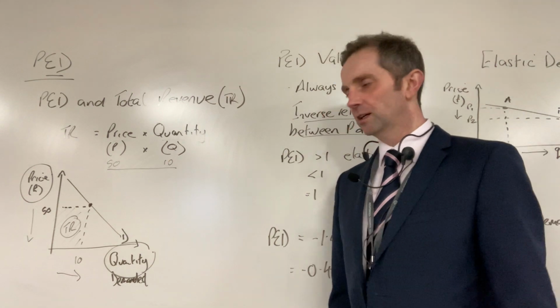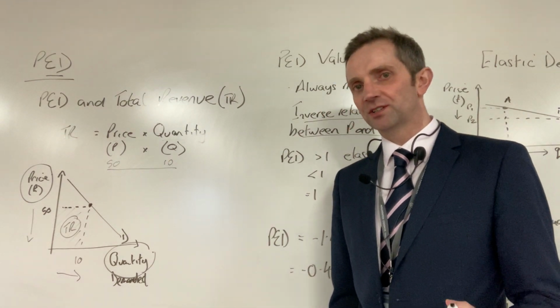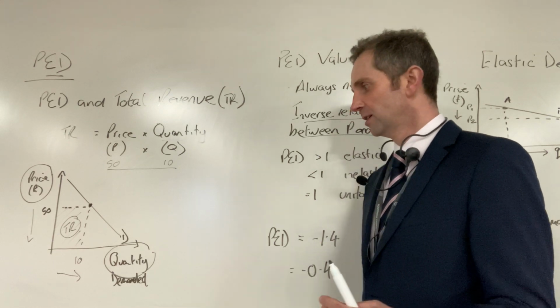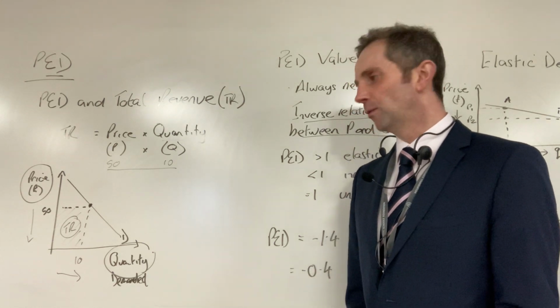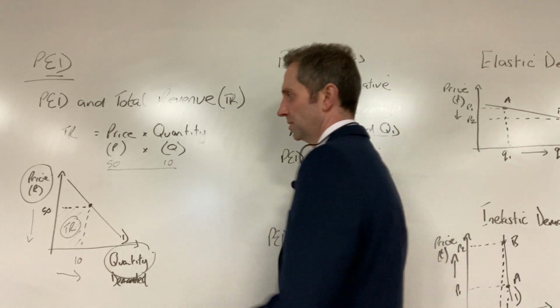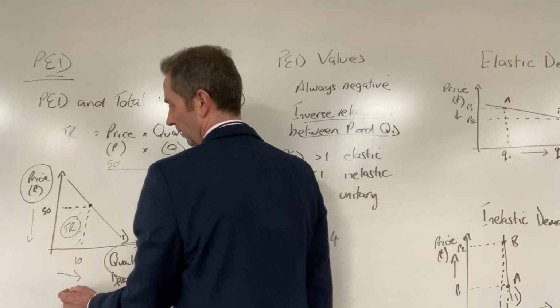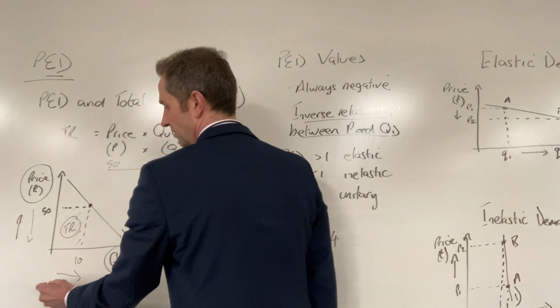So I'm not going to get into the price elasticity of demand equation here, but basically we'd be dividing a negative by a positive or a positive by a negative, and we'll always get a negative outcome. So price falls, quantity increases, or price rises, quantity decreases.